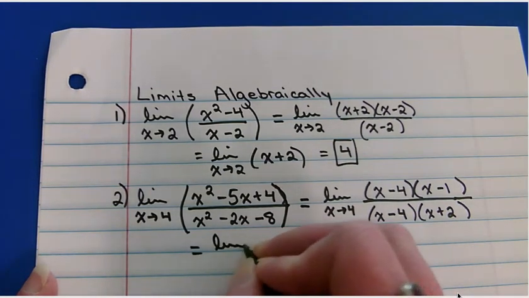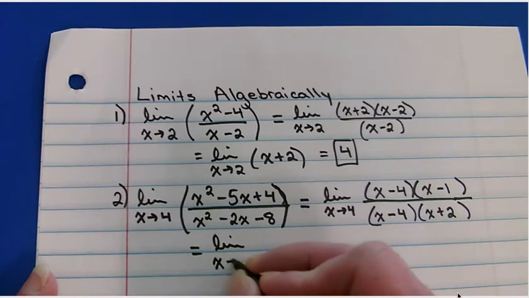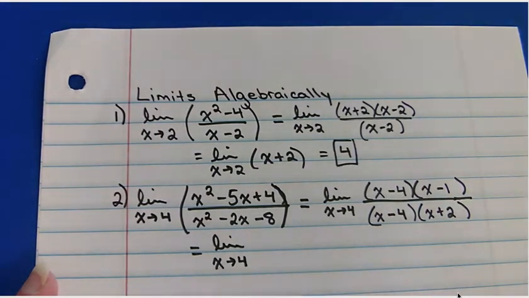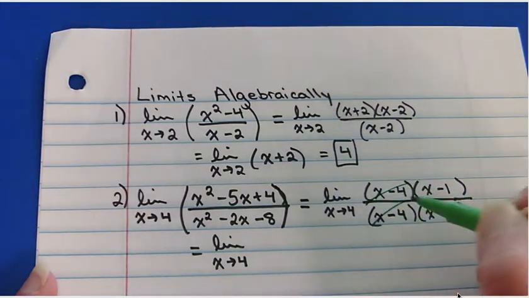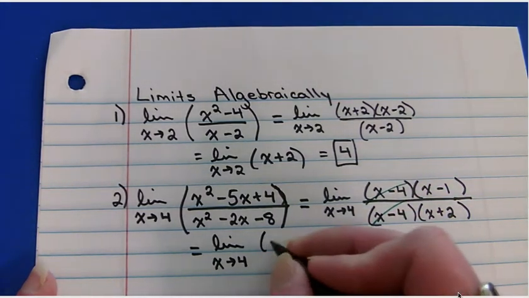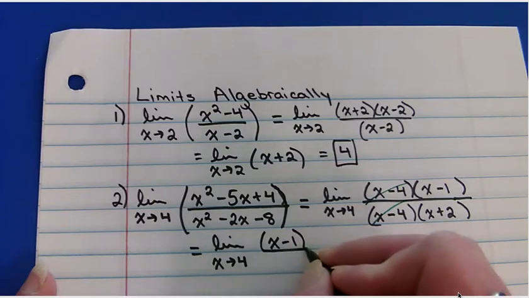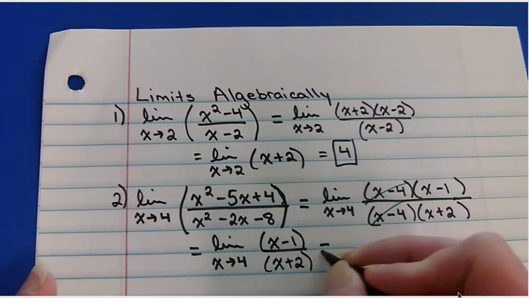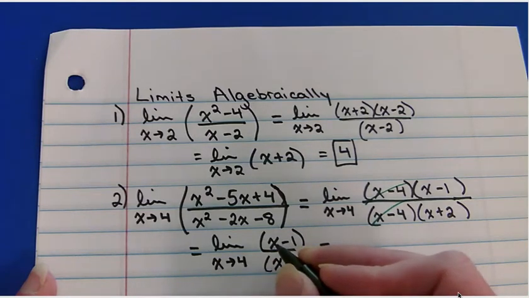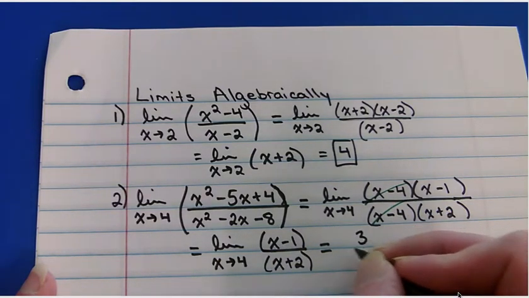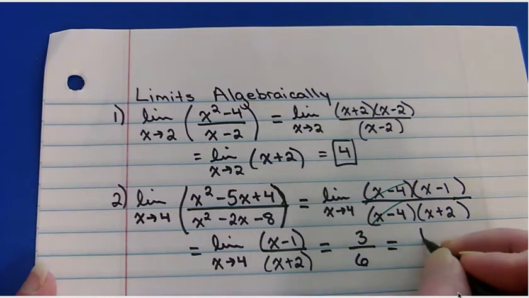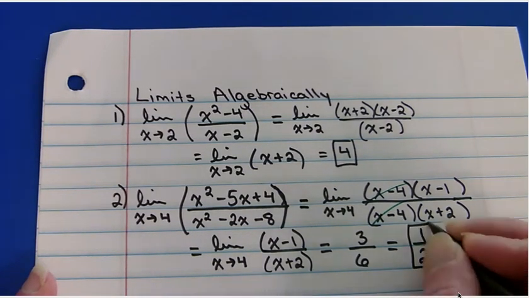So this is equivalent to having the limit as x approaches 4 of just what's remaining. These divide out, and I'm left with x minus 1 over x plus 2, and now I can do my direct substitution. 4 in for x gives me a 3 in the numerator and a 6 in the denominator, and that reduces to 1/2.